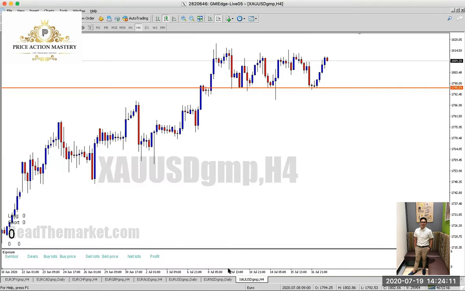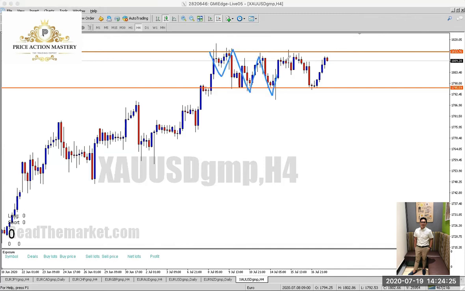In the Euro pairs, let's look first at gold. Of course, gold is not considered a Euro pair, but let's look into it first. Overall, it's in a very good range. Here will attract sellers to come in, and here will attract buyers to come in, just between resistance and our key line area.